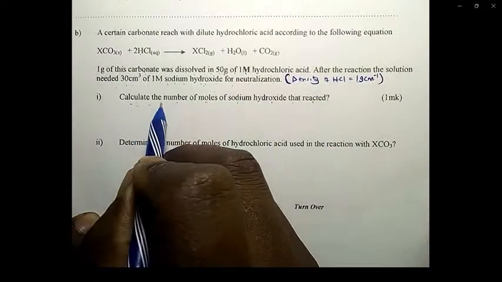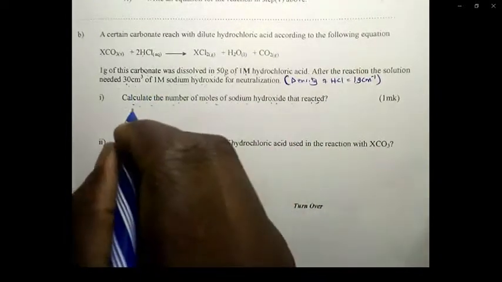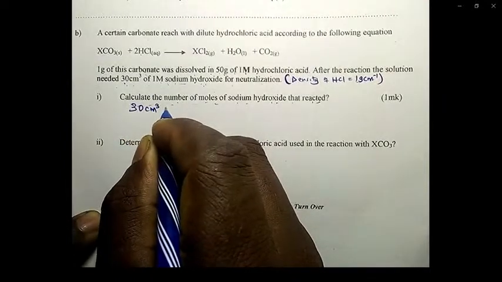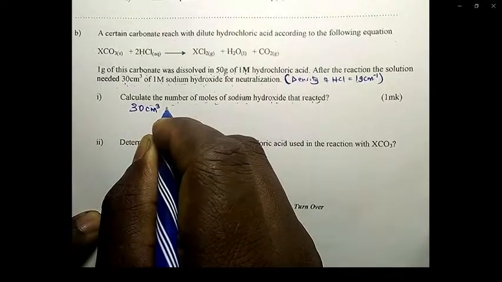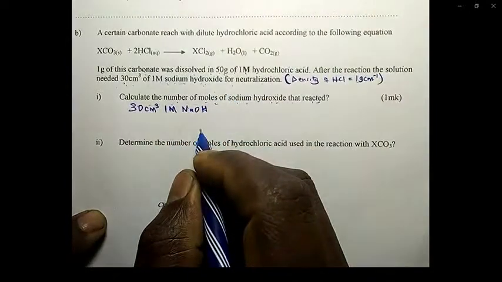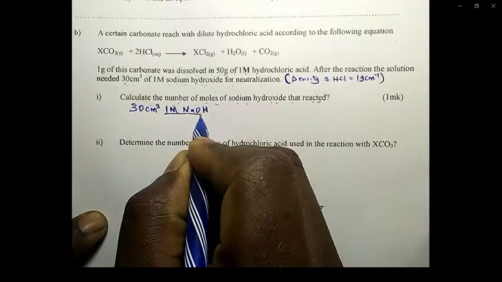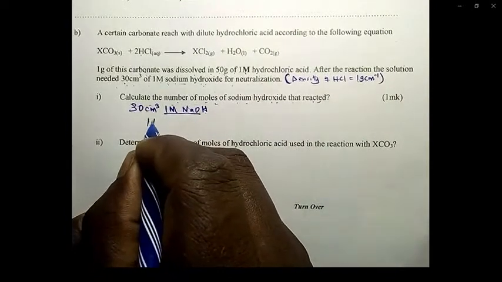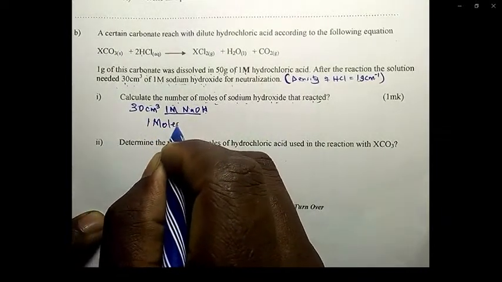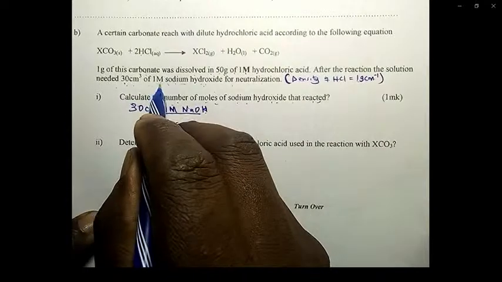Therefore, calculate the number of moles of sodium hydroxide that reacted. That one is directly from here. We have been given that 30 centimeters cube of 1 molar sodium hydroxide reacted with the excess acid. We have been given the molarity of sodium hydroxide. It means that this is 1 molar, meaning 1 mole, because molarity is the number of moles in 1 liter.